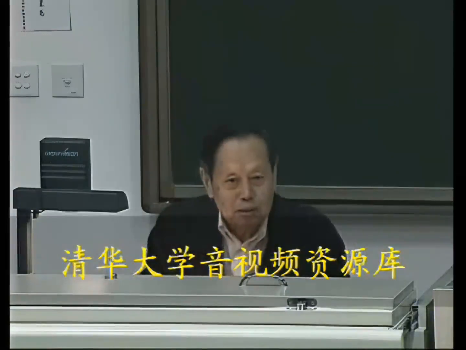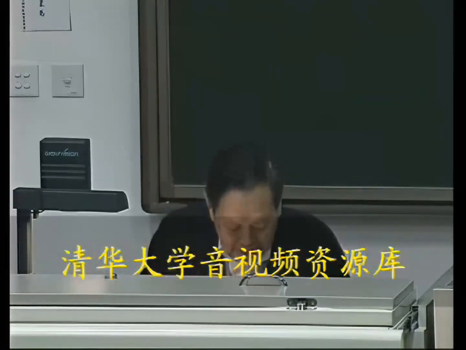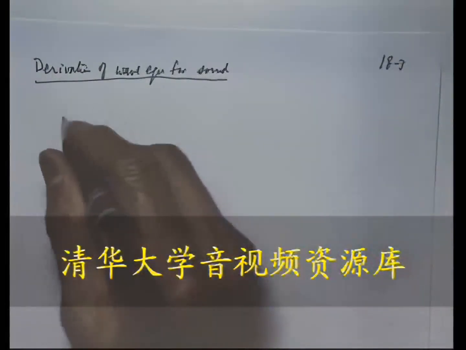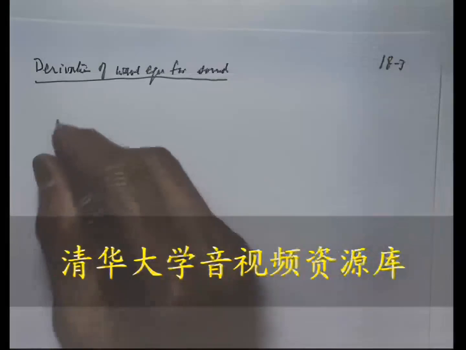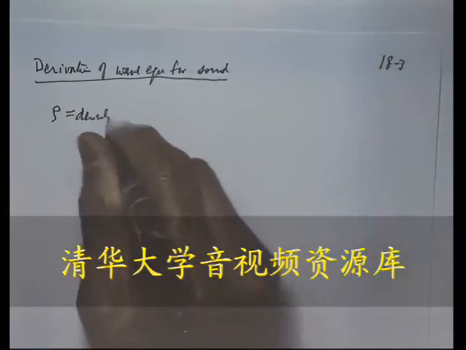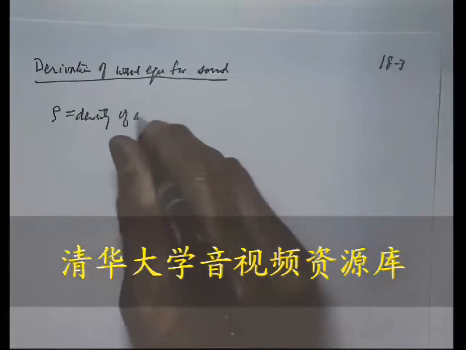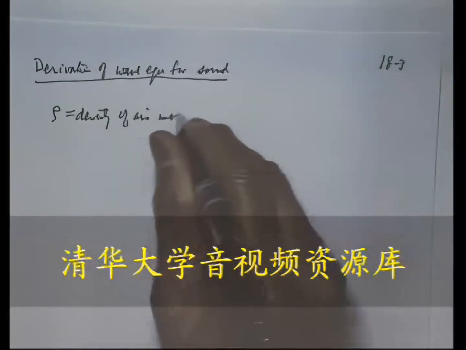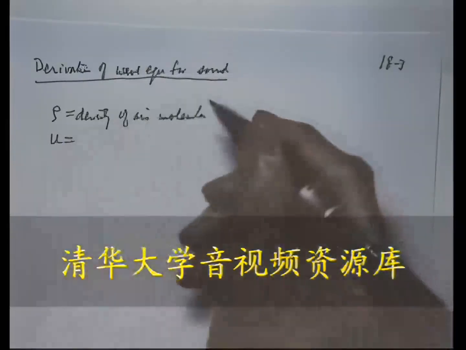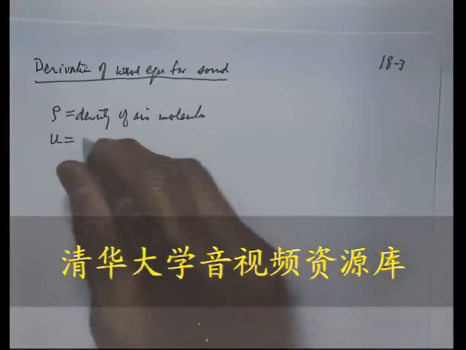So we try to write down the equations. First, rho is the density of air molecules. u is the horizontal velocity.